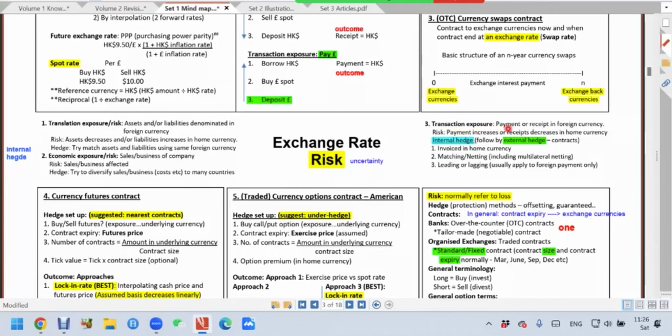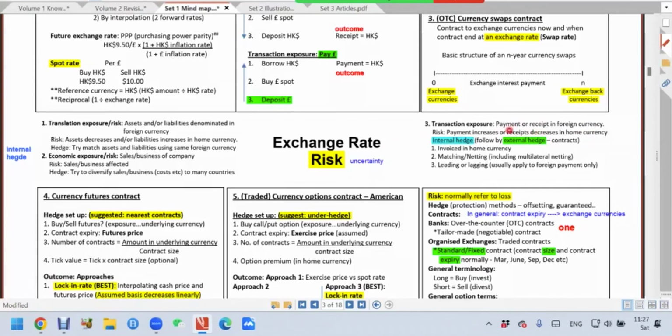If you pay in Vietnam dong, no problem. But if you have to pay in foreign currency, and your payment will be tomorrow or three months later, there will be uncertainty. You may end up paying more Vietnam dong, or your receipt in foreign currency may end up being less money in Vietnam dong.